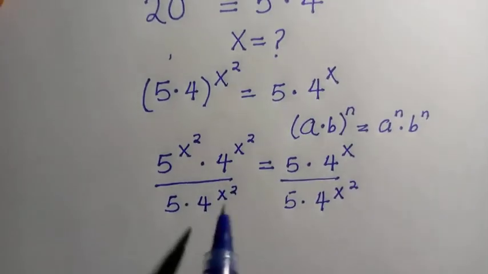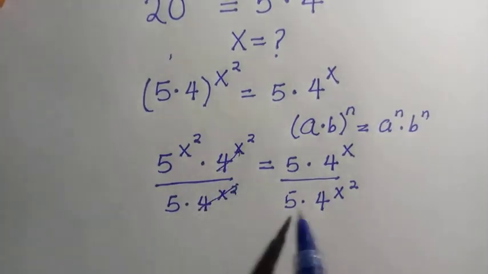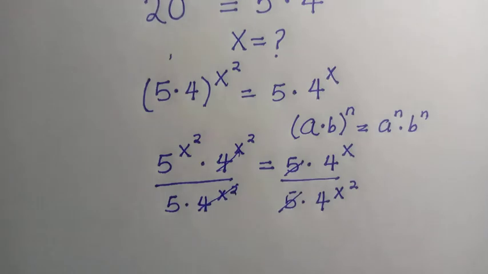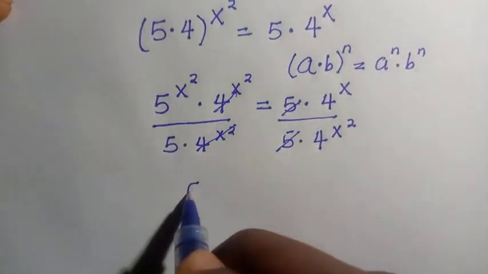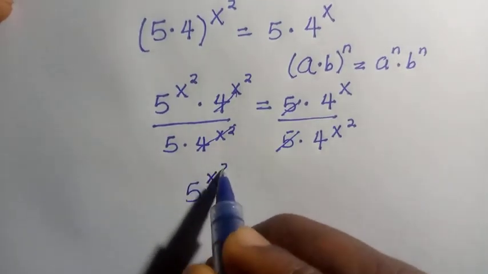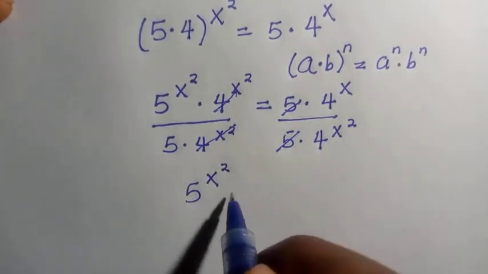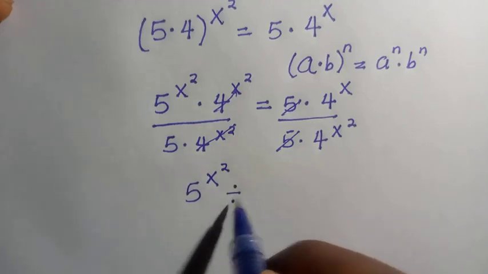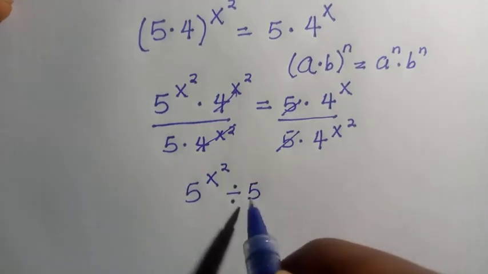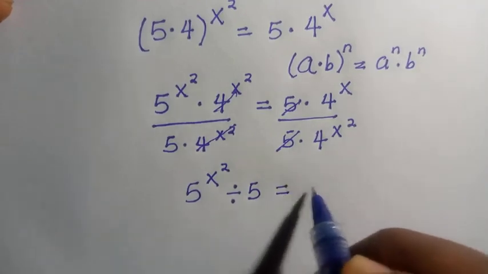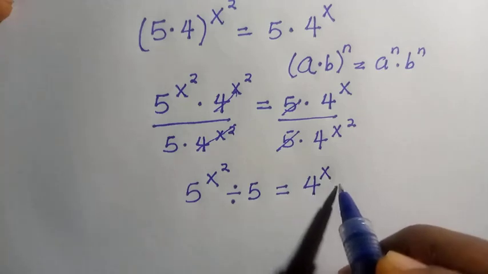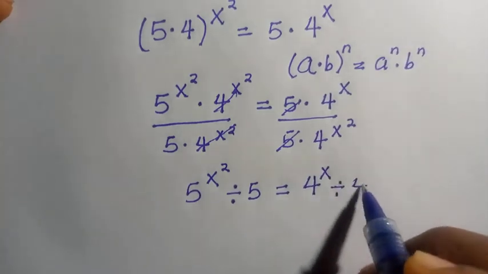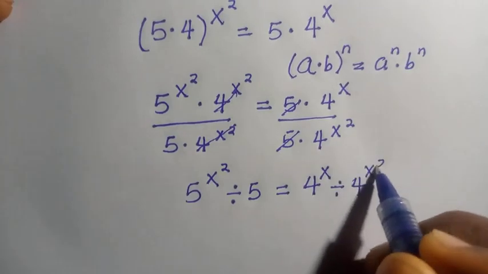So with what we have here, this cancelled and this also cancelled. And we have 5 to the power of x squared, which we can write as divided by 5 to save space, equals 4 to the power of x divided by 4 to the power of x squared.